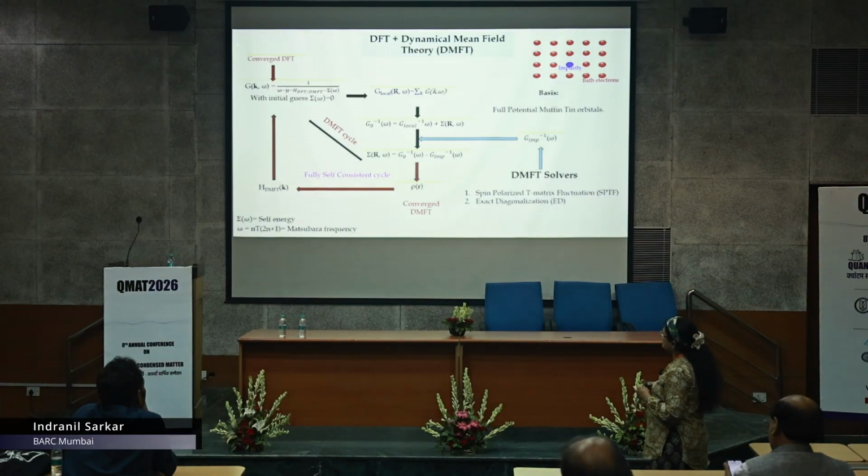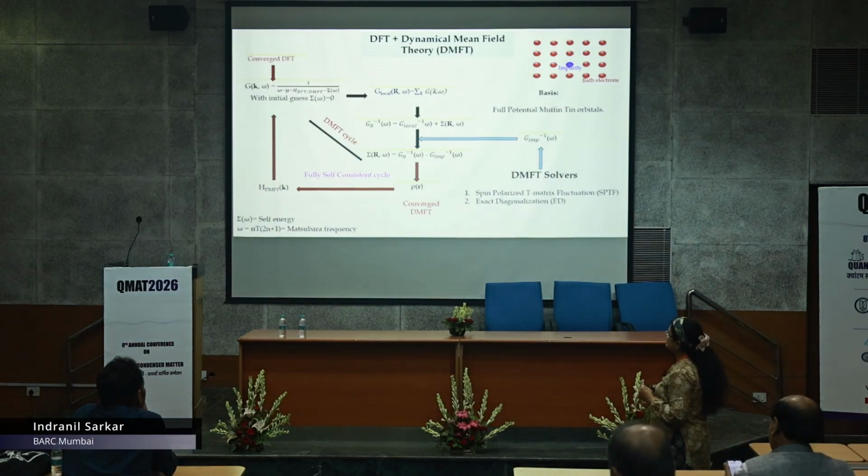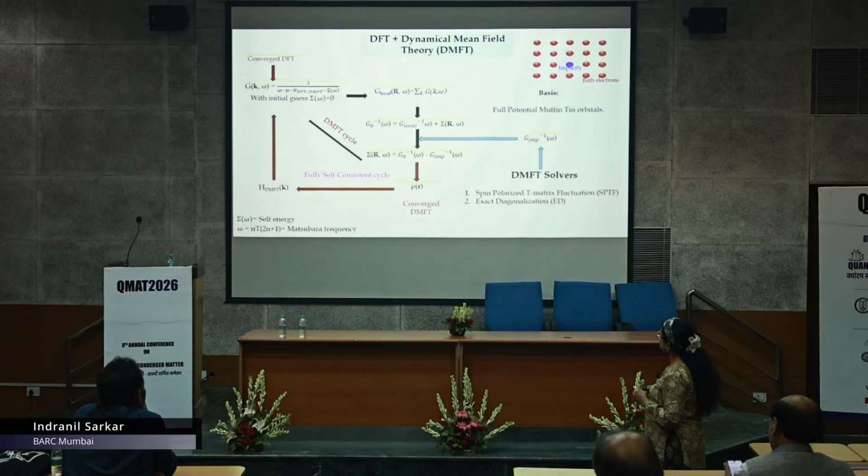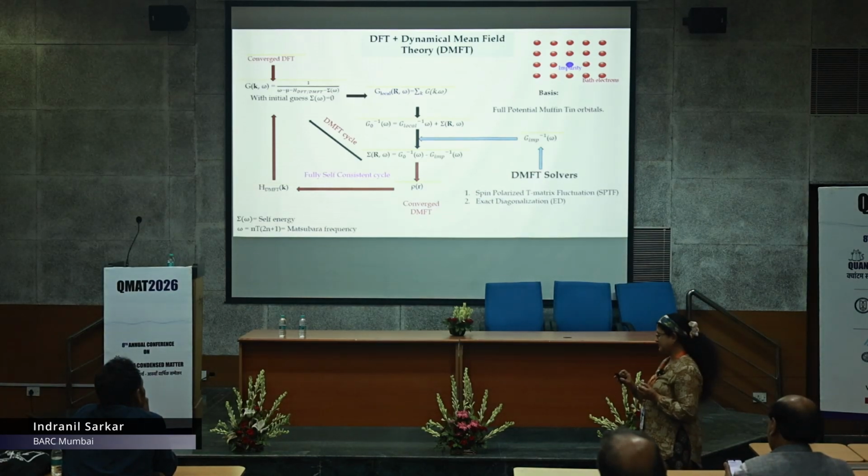From the converged DFT we calculate the lattice Green's function, and then from there the bath Green's function, and via this inverse Dyson equation and DMFT solver we calculate the self energy, which is calculated as a function of the Matsubara frequency, which has a temperature dependence.